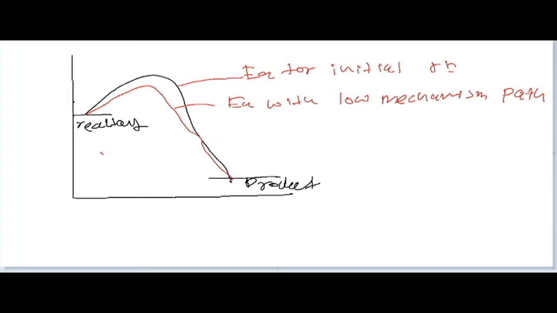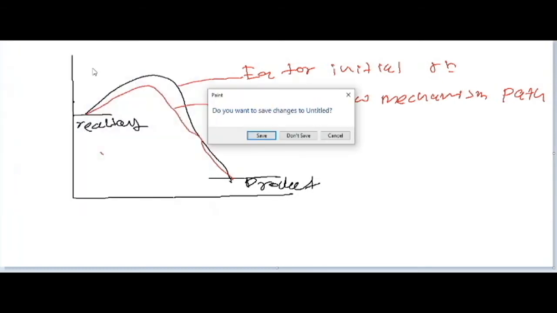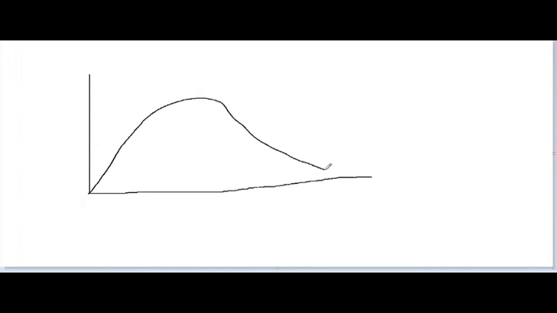Or we can explain using the Boltzmann curve also. When you draw the Boltzmann curve for this one, it may look like this.